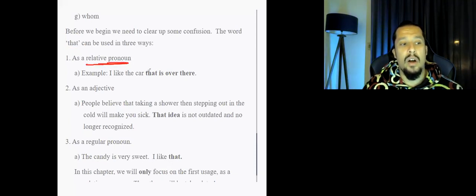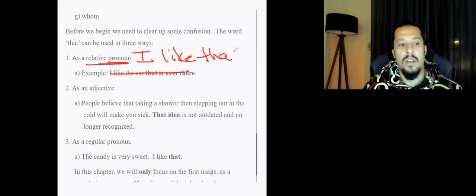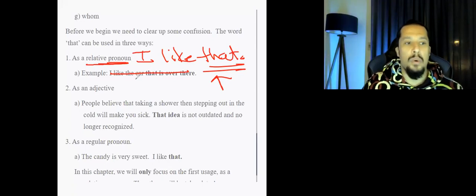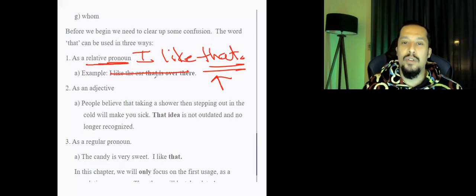I like that. That's a pronoun. It's not connected to a noun. What is that? It can be anything. Usually in the test when you see this alone, it's wrong.